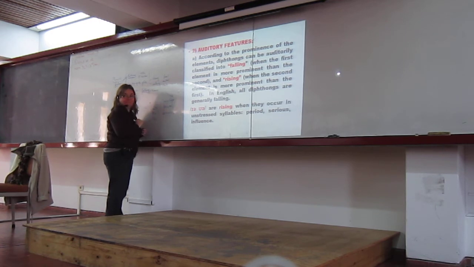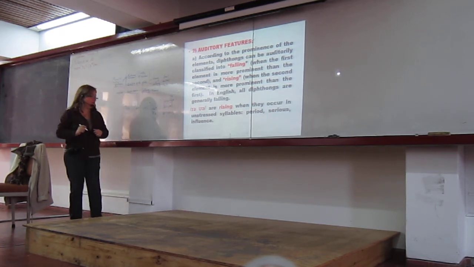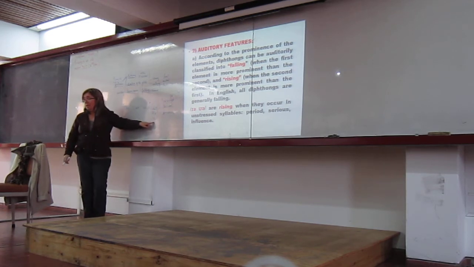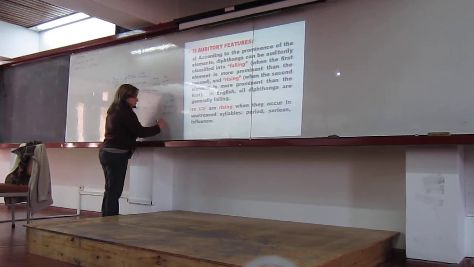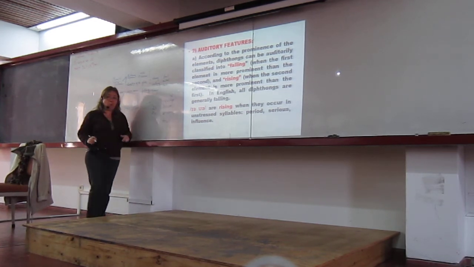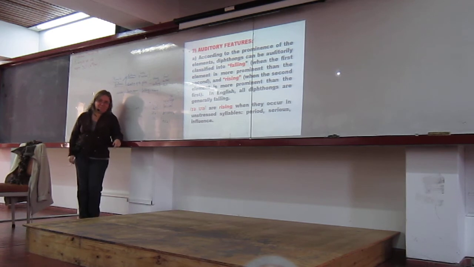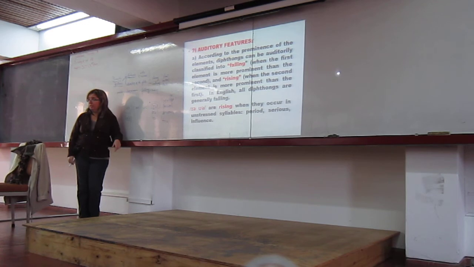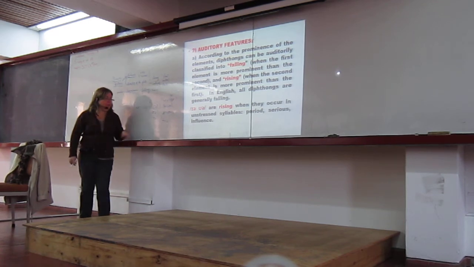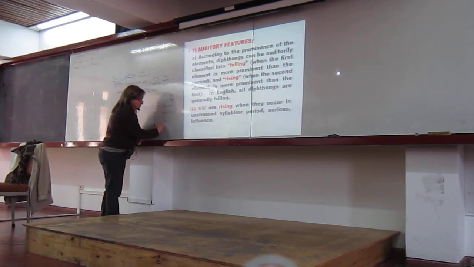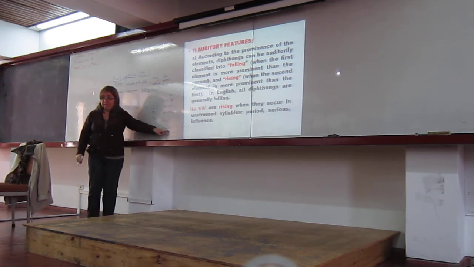Okay, another example. Serious. You see? Serious. All right. And it's the same case with or. For example, say this. Tour, yeah? In English. Tour. That's it. Tour. Falling? Yes. What happens here? Say this, please. Do I say influence?